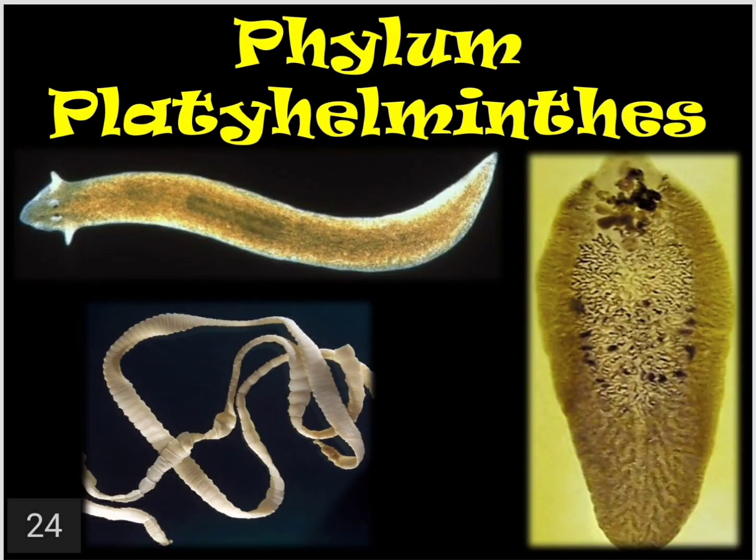The next phylum that we look at is phylum Platyhelminthes. Now, if you look at the pictures that I've put up over here, there are 3 pictures. The very first one on the top is Planaria. Then at your right hand side, the picture is of a liver fluke, and at the bottom you see that tape like structure, that is a tapeworm.